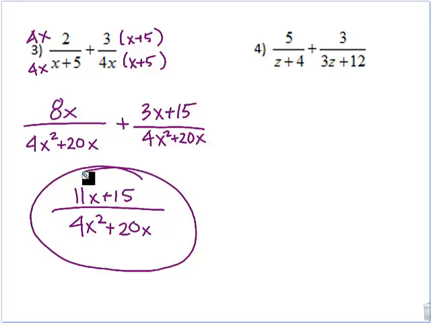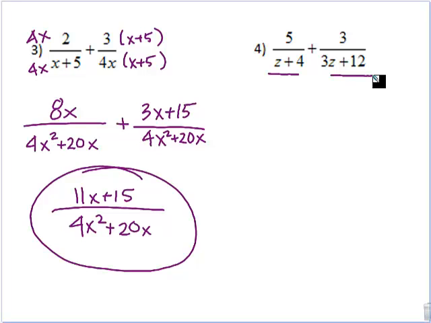Okay, so let's look at 4. 5 over z plus 4 plus 3 over 3z plus 12. Good, these look like they could be similar. z plus 4 and 3z plus 12. They both have addition in between.